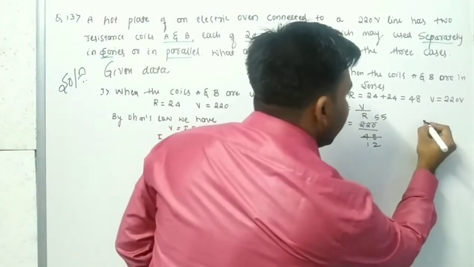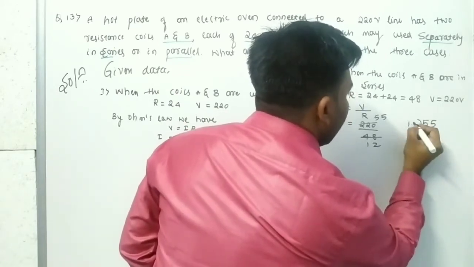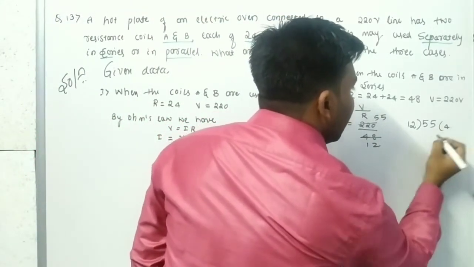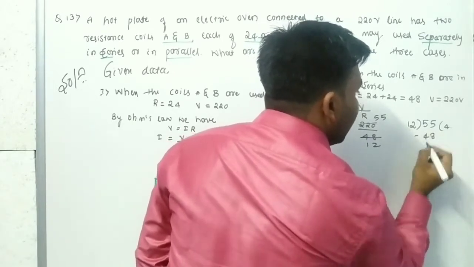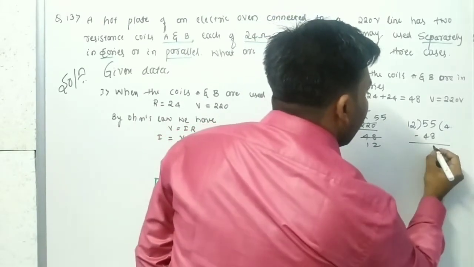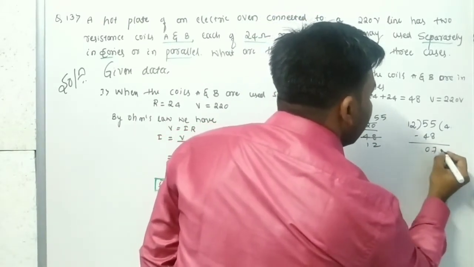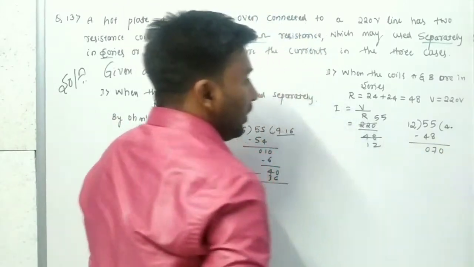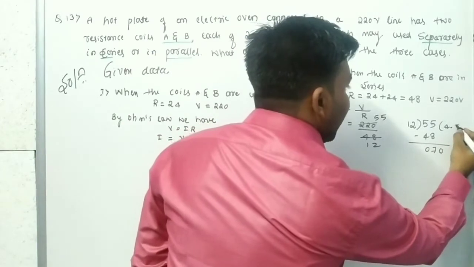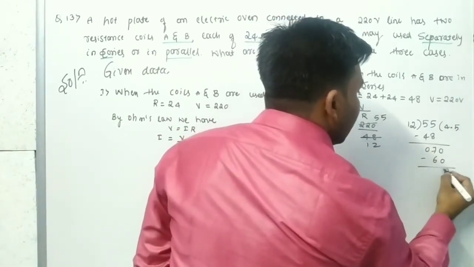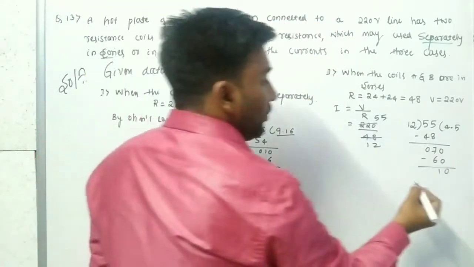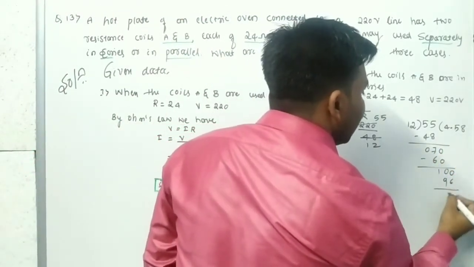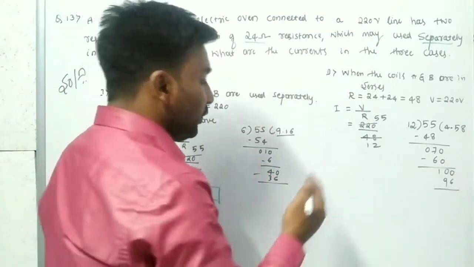Take it separately for easy simplification. 220 divided by 48: 4 5s are 20, then 55, 12 4s are 48. Subtract, you will get 7, this is 0, so take one 0. 12 5s are 60, then take one more 0, it is 100. 12 8s are 96. After the point we got 2 digits, so no need to simplify further.